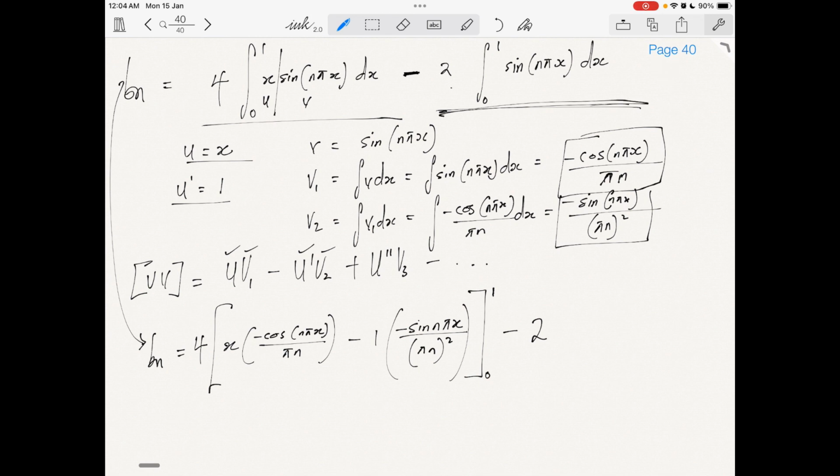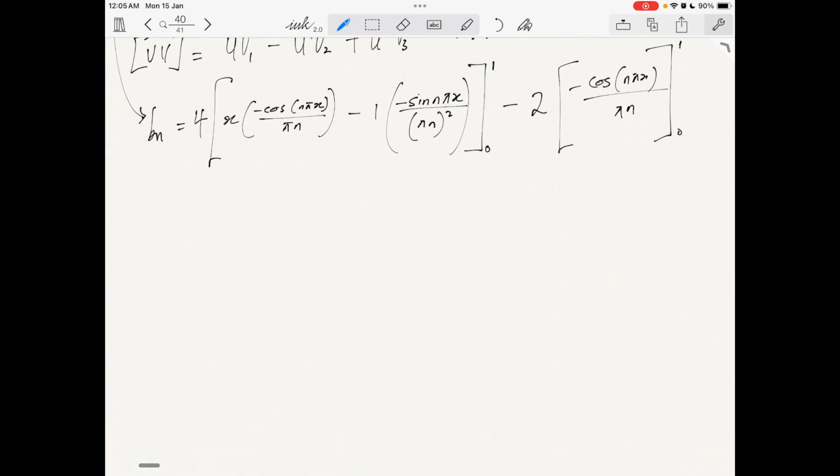Integrating sine n pi x, we'll be having minus cos n pi x over pi n from 0 to 1.